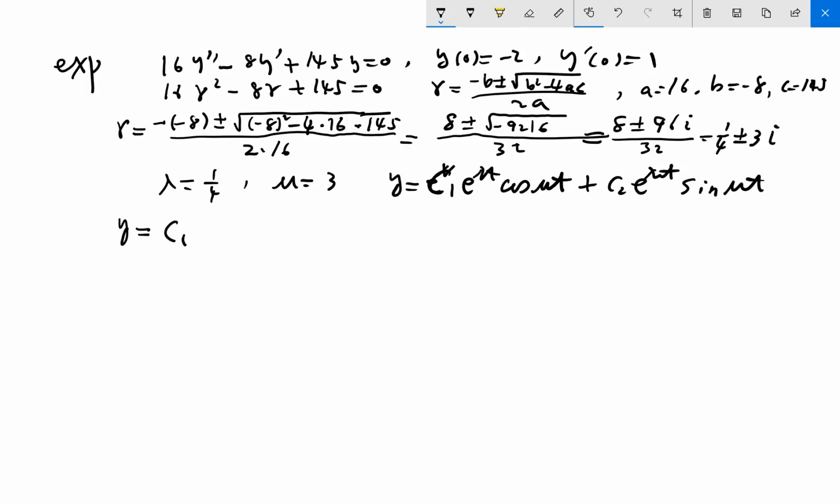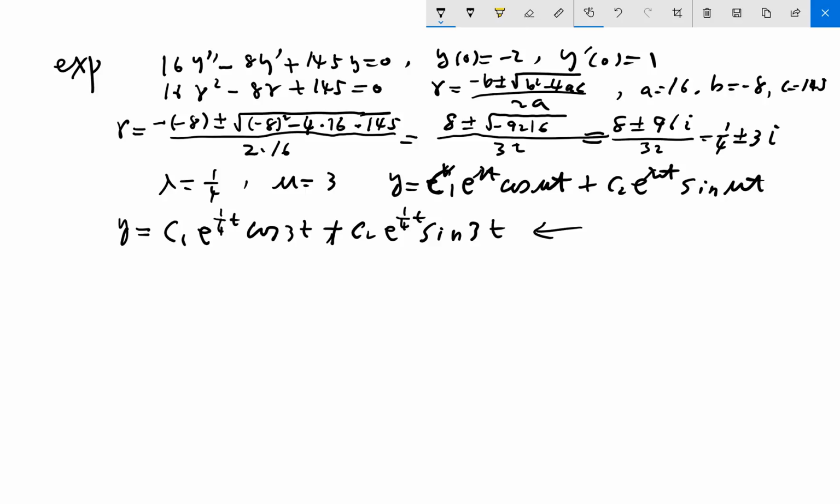So you get C1 e to the 1/4 t cosine 3t plus C2 e to the 1/4 t sine 3t. For C1, C2 arbitrary, this gives us all the solutions.